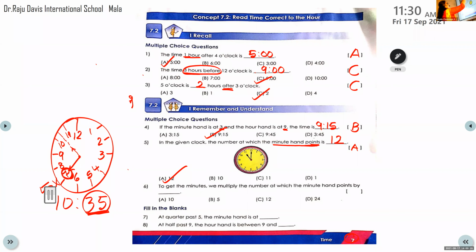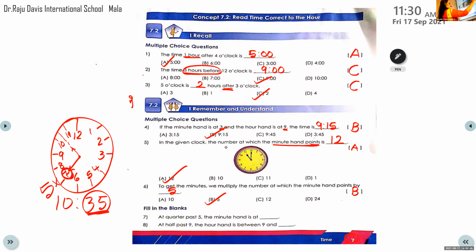My dear, I don't have the time for wasting like this. To get the minutes, we multiply the number at which the minute hand points by 5. Put a tick mark on B. What he told is correct. But when I ask the option, okay. Good, Ramin.